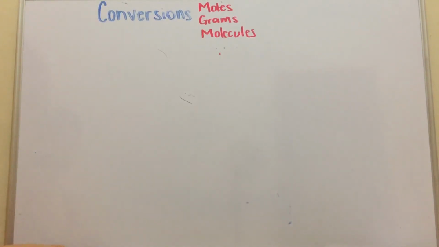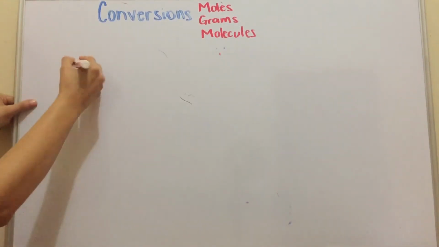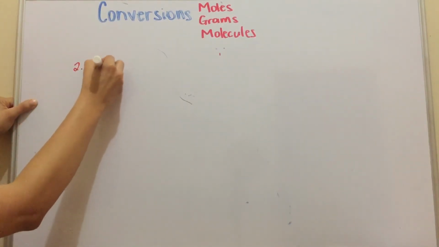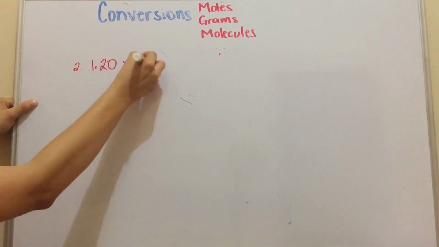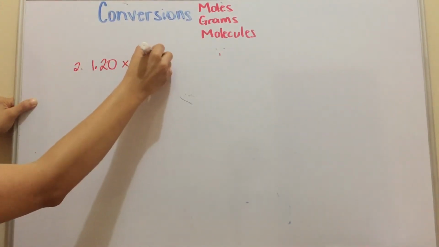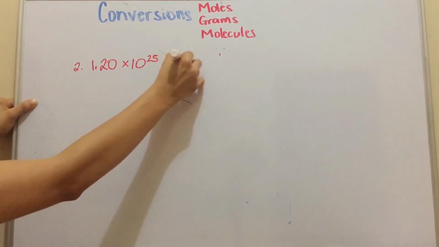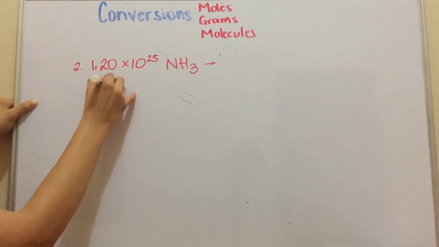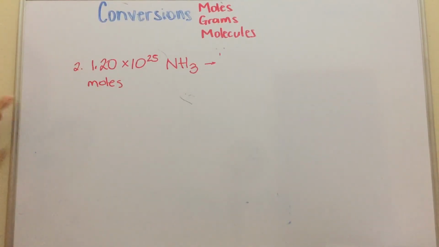Alright, so in the second example, we are going to convert 1.20 times 10 to the 25th molecules of NH3 to moles.